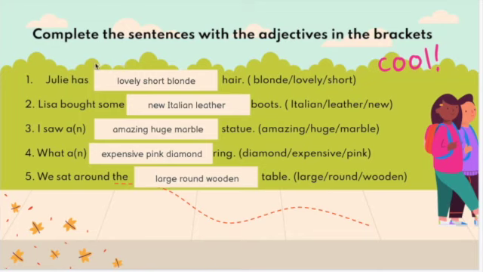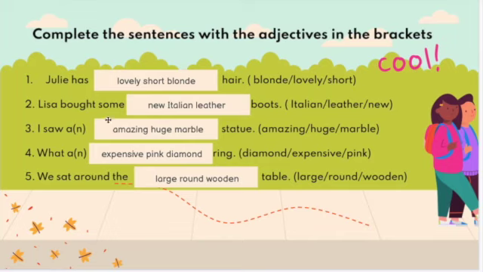What are the adjectives involved in this sentence? We have lovely, short, and blonde. Lovely will be the opinion, which is the first one. The short is the size, and blonde is the color. Okay, lovely, short, blonde hair. So this is the correct order.